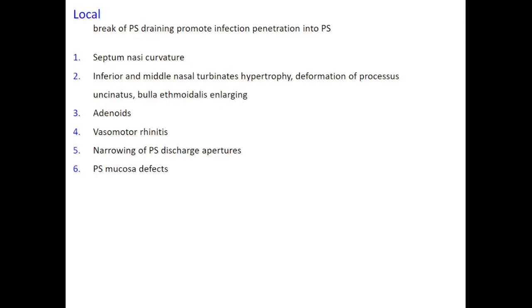So, it may be deviation of the nasal septum, hypertrophy of nasal turbinates, different deformations of the processus uncinatus, bulla ethmoidalis enlarging. It may be adenoids, vasomotor rhinitis, narrowing of paranasal sinus ostia, defects of mucosa of paranasal sinuses.